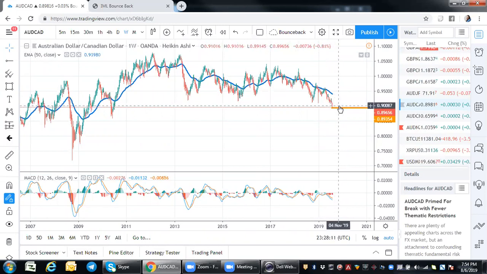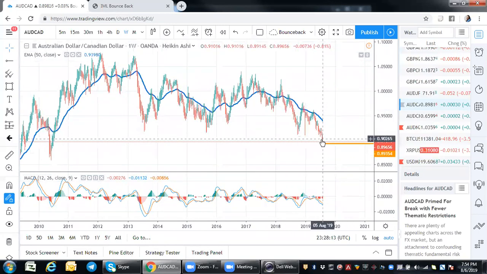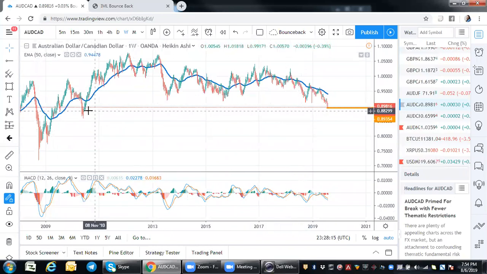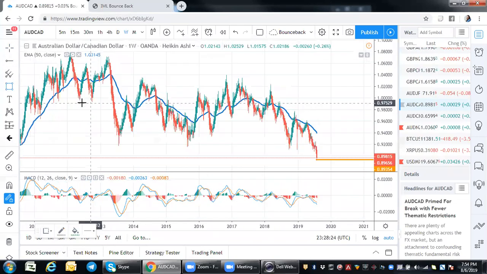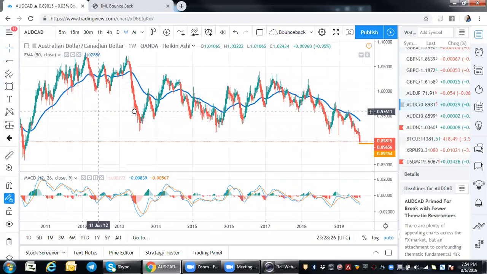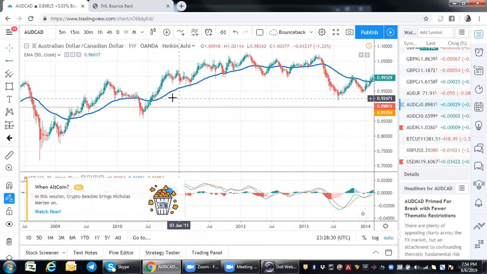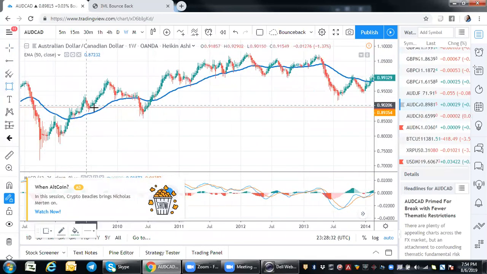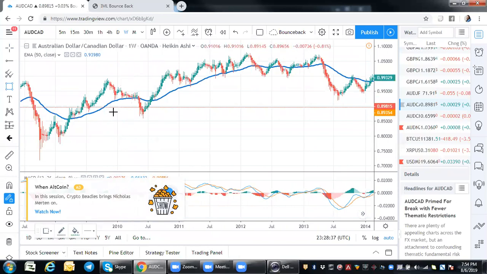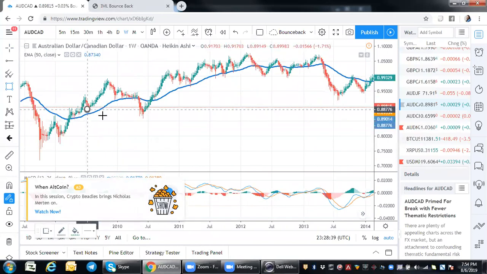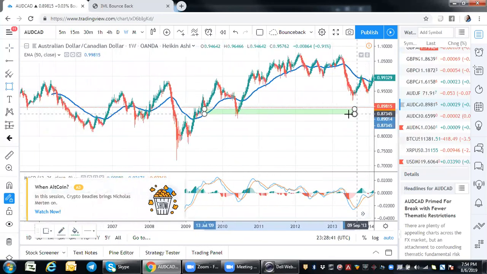Just don't enter trade, right? This is the lowest this trade has been since June 2010, is when this was last down here. All right. So what we're looking at, let's come over here. Let's identify a zone.